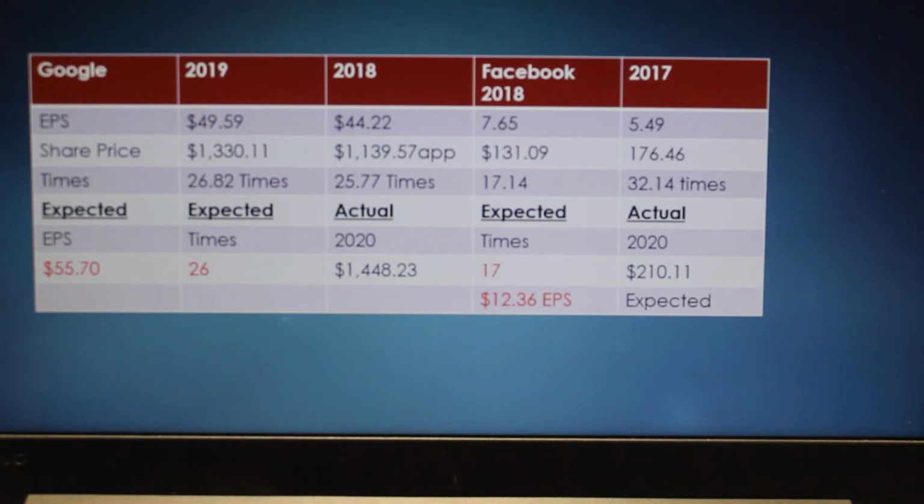The share price in 2019 was $1,330.11. I was not able to get December 2018 or January, so I got February, so it's hovering around this amount.